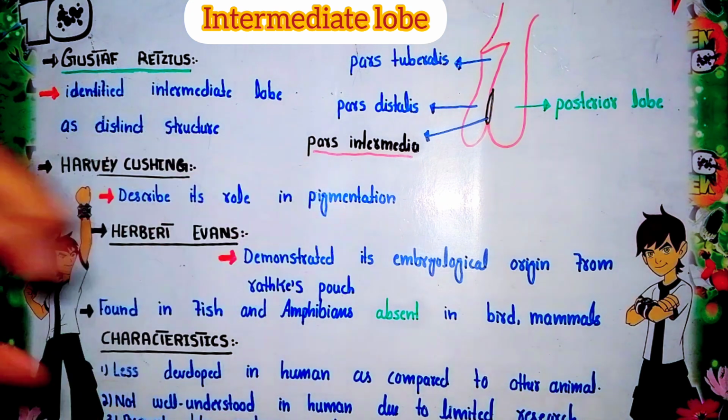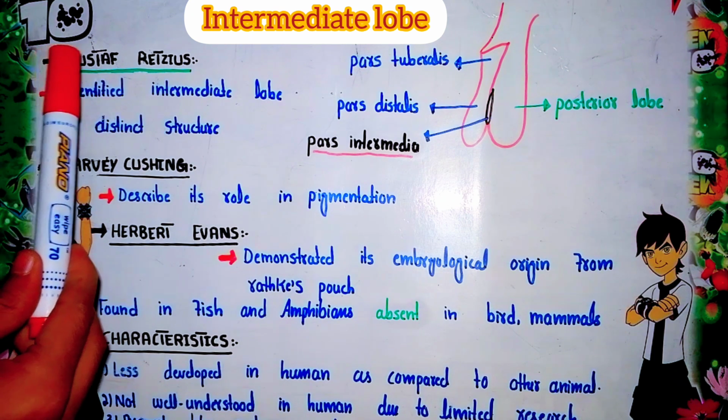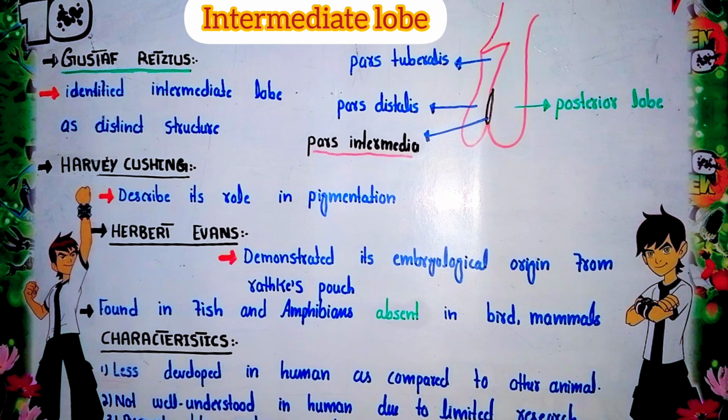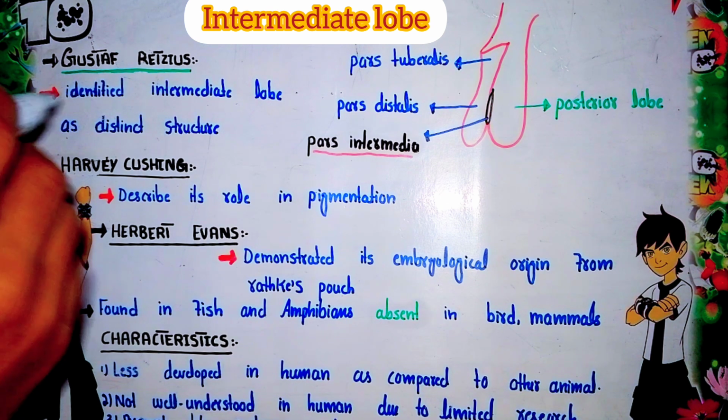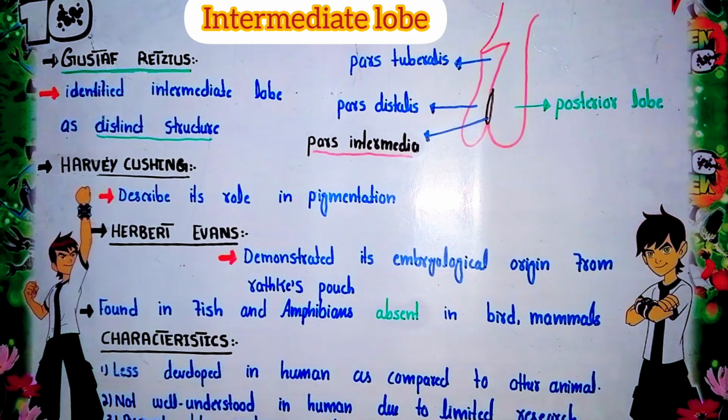Now let us discuss a little history of the intermediate lobe of the pituitary gland. The first scientist, Gustav Retzius, identified the intermediate lobe as a distinct structure mainly found in the pituitary gland. So he for the first time identified the intermediate lobe.